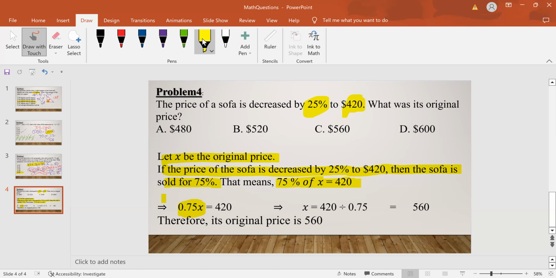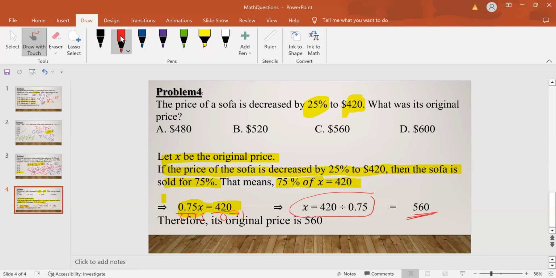So having 0.75x equals 420, to solve for x, what do we do? We divide both sides by 0.75. So x is 420 divided by 0.75.